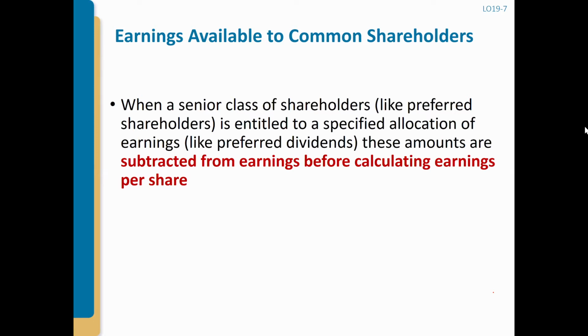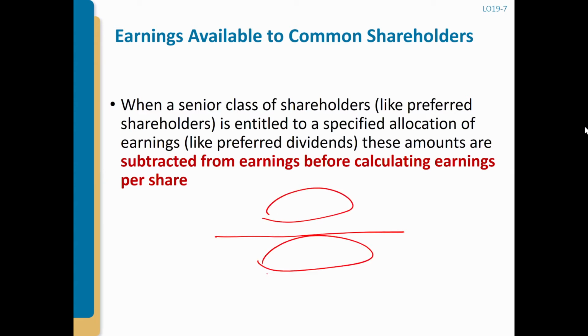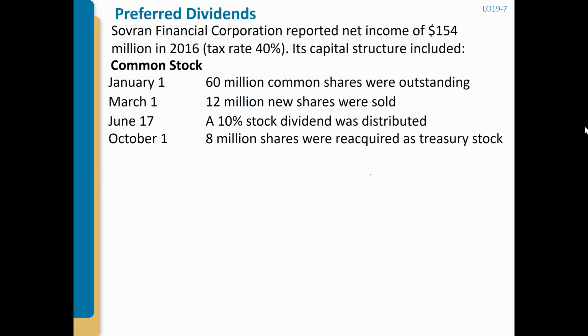Basically, the numerator and denominator. On the top here should be the earnings available for common stockholders. What if we have preferred stock?